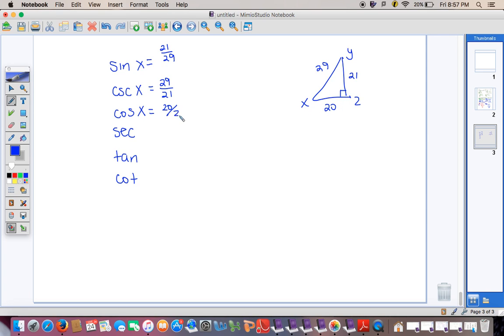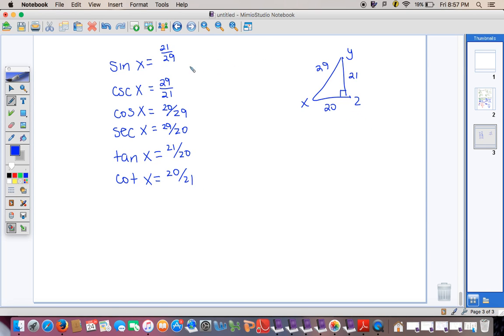So we've got 20 over 29. So the secant of x is the reciprocal of the cosine function, which would be 29 over 20. And then we've got the tangent of x, which is opposite over adjacent, so 21 over 20. So the cotangent of x is the reciprocal function, which is 20 over 21.